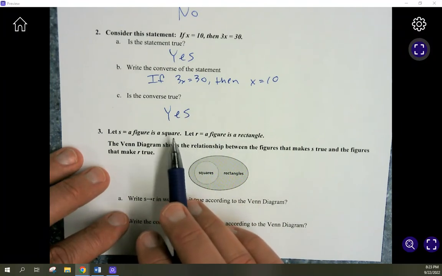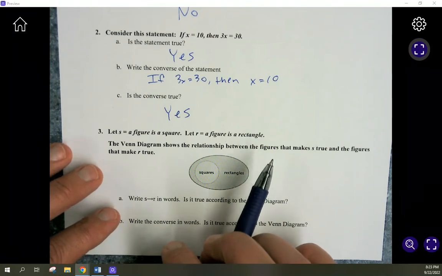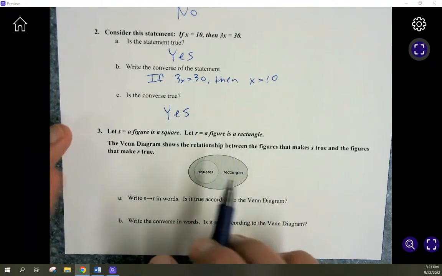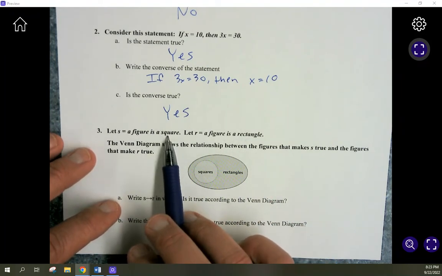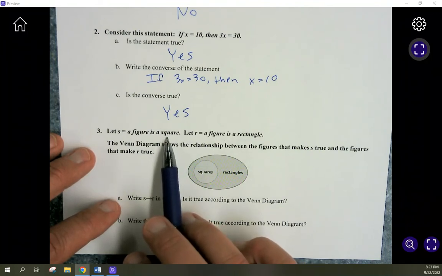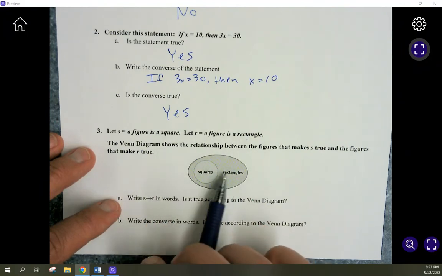And a square, more specifically, has 4 equal sides, where a rectangle does not have to have 4 equal sides. Okay, but the definition of a rectangle is a 4-sided polygon with 4 90-degree angles. So a square fits that. A square has 4 sides and 4 90-degree angles. So a square is a rectangle, and that's what the Venn diagram here shows.